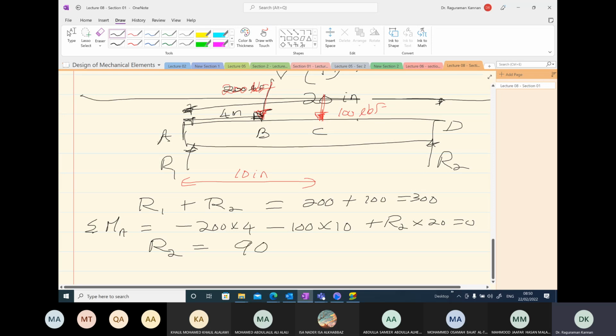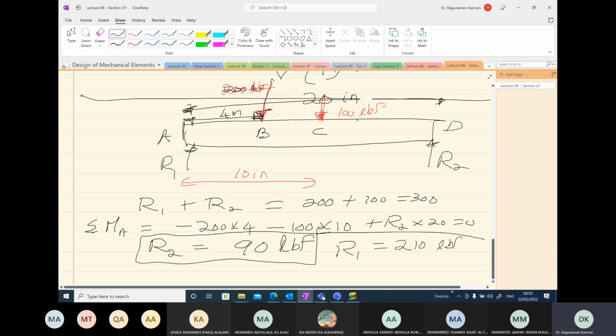So R2 we get 90-pound force. That's what we have here. And R1 will be 300 minus 90, 210 pound force.